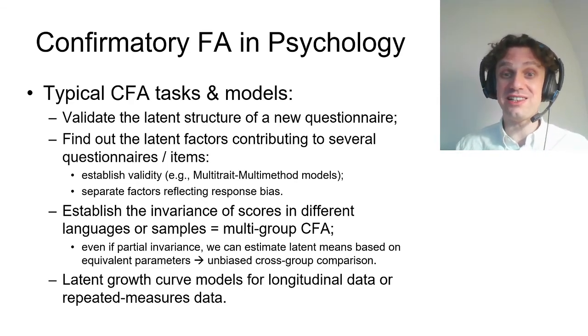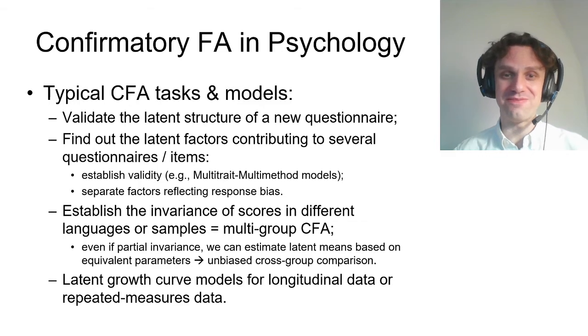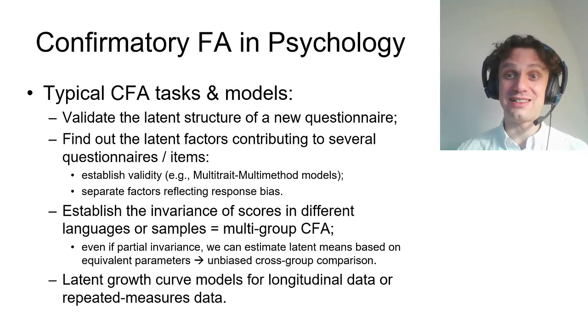And we create a multi-trait, multi-method latent factor model, the example of which I showed you in our discussion of validity in lecture 4. And sometimes when we develop questionnaires, we also try to separate latent factors corresponding to bias. For example, a tendency to agree with all the items, or item direction, or social desirability. If we have good indicators, we can separate these dimensions using CFA.